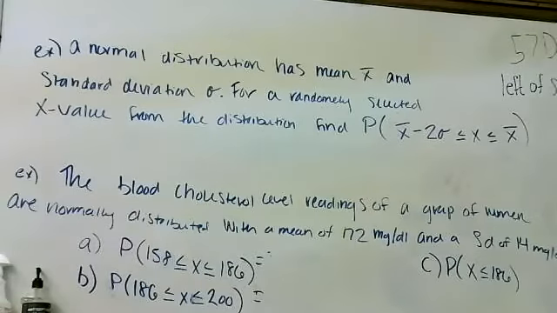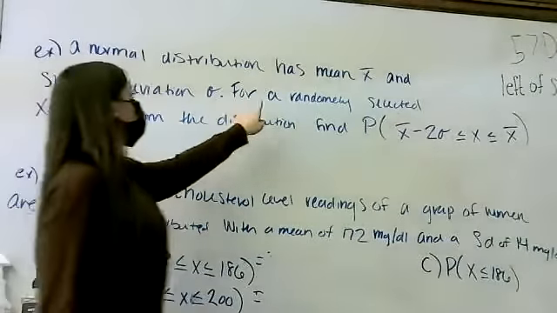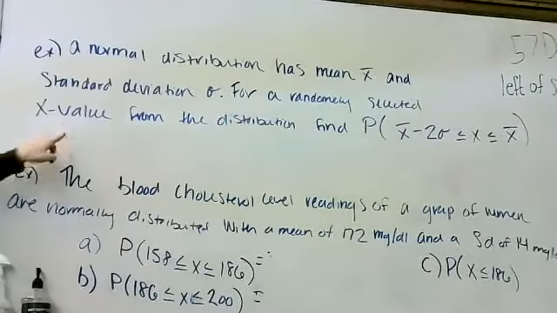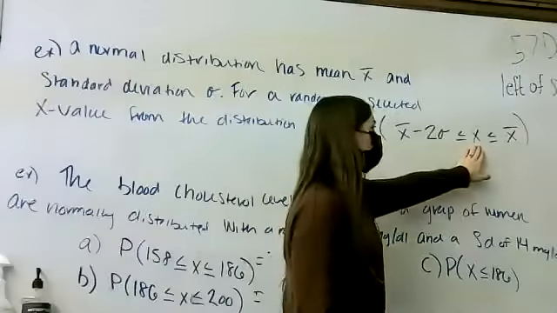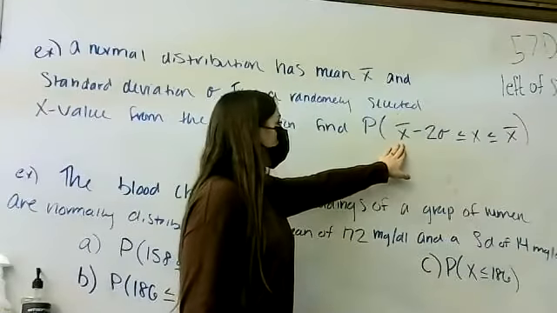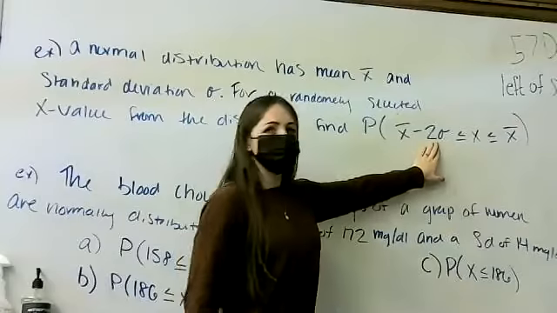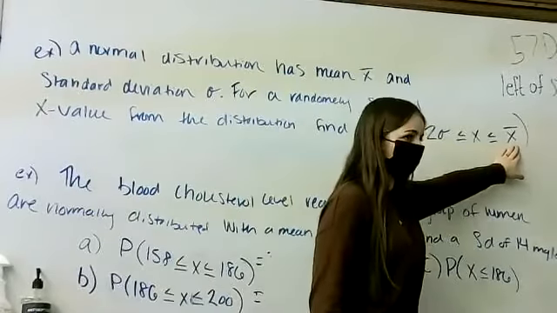That's all that means, which if you look at our curve, that's the notation we use. So solid, we're rocking it. For a randomly selected X value from the distribution, find the percentage of X values that are between or greater than X bar minus 2 standard deviations, but less than X bar.